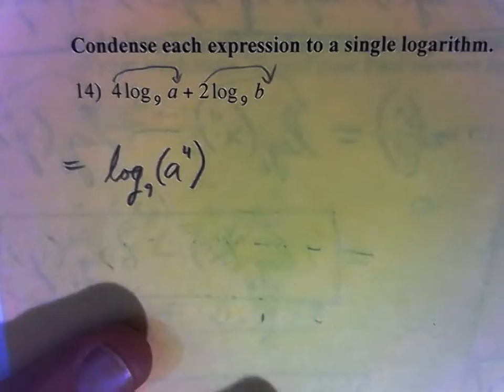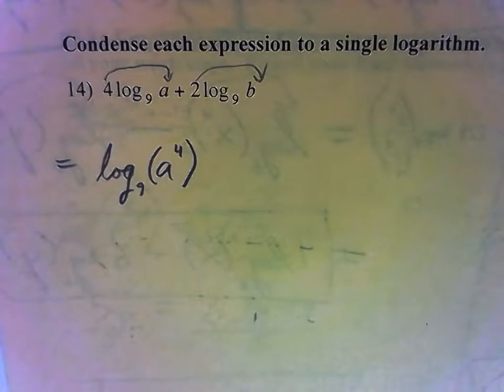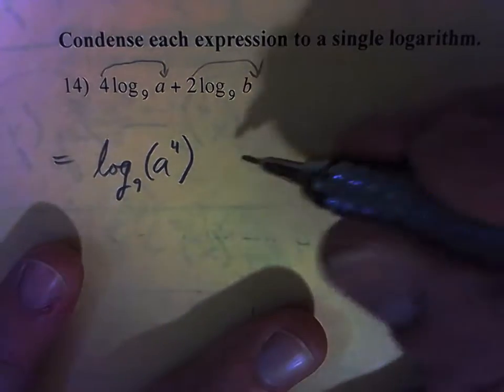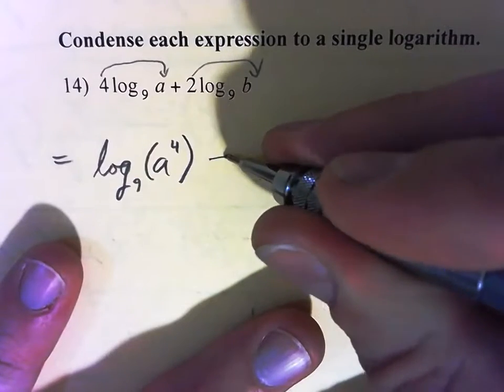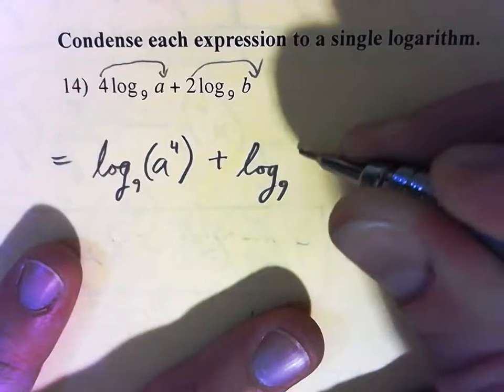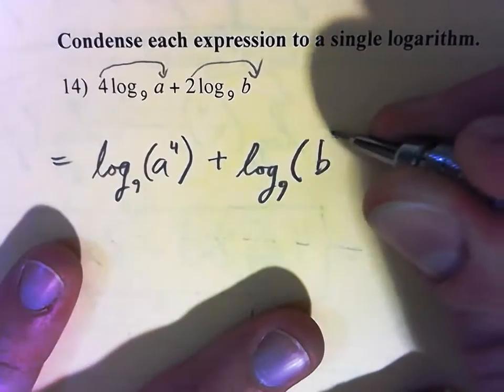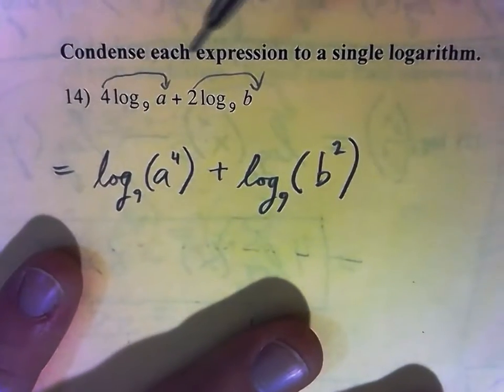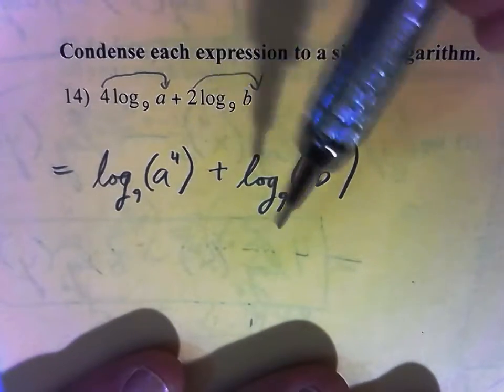So condensing, we're trying to put everything together inside one big log. Instead of separating it out, combining stuff together. So log base 9 of b squared. That's the product property.